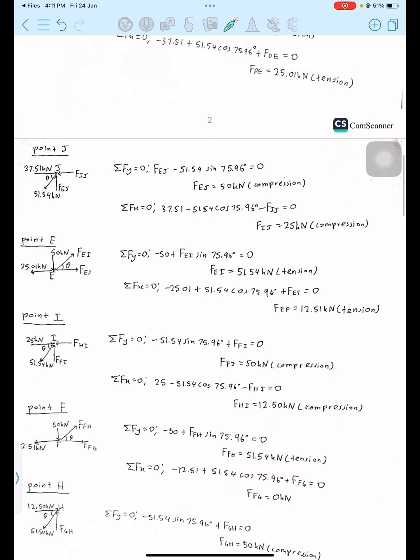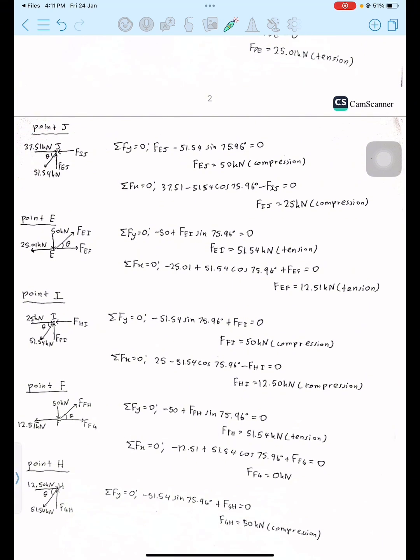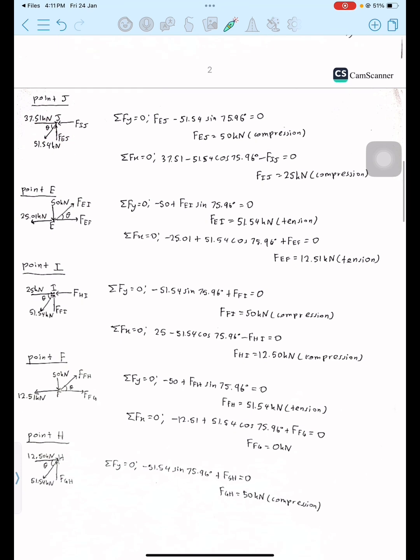Next, we go to the point J. We'll have 37.51 kilonewtons pointing toward the J point. FIJ is also pointing toward the J point, and FEJ is also pointing toward the J point, and only the 51.54 kilonewton is pointing upward from the J point.